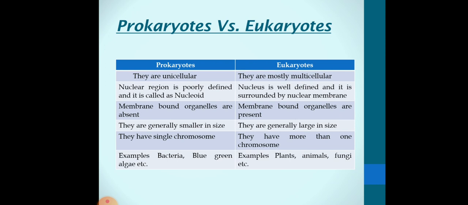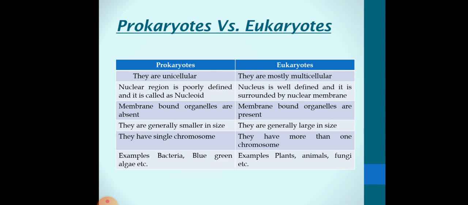In prokaryotes, membrane-bound organelles are absent. Membrane-bound organelles like mitochondria, chloroplast, endoplasmic reticulum, all these special organelles are absent in prokaryotes, whereas these organelles are found in eukaryotes.